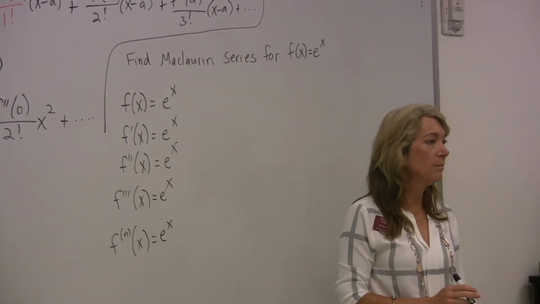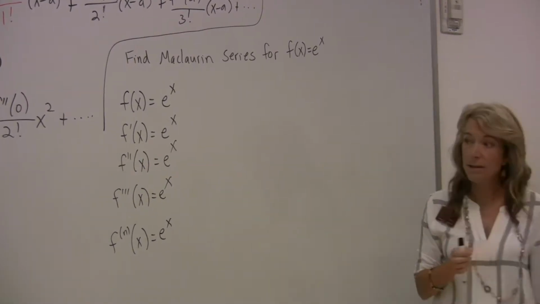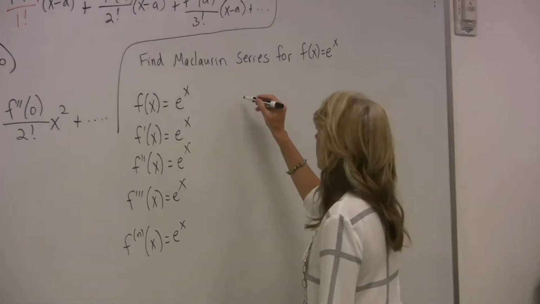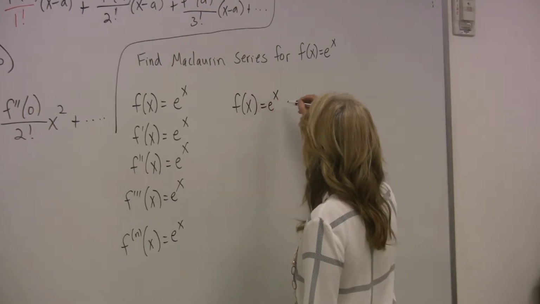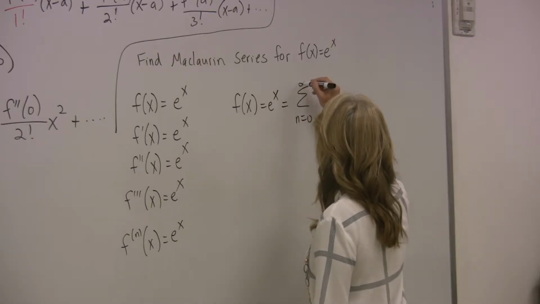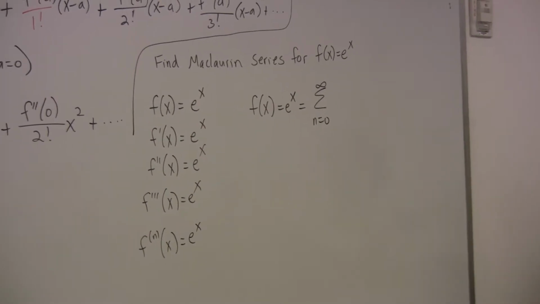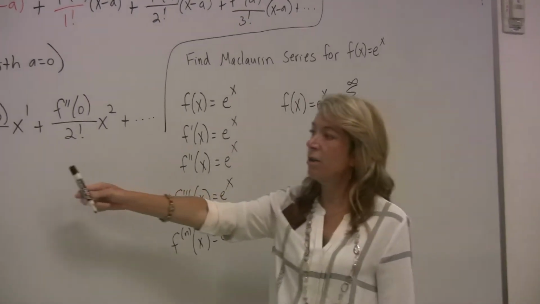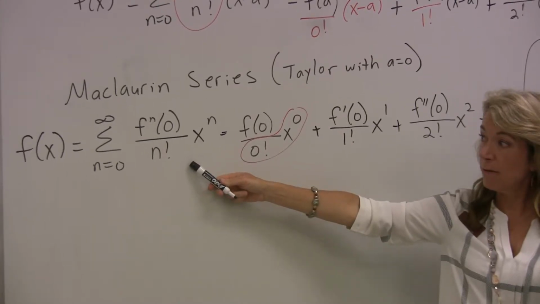Okay, great. So knowing that, I think I can write the series. So f of x equals e to the x. That's going to be a series starting with n equals 0 to infinity of, now I'm going to write each term out. I'm going to write the generic one first.